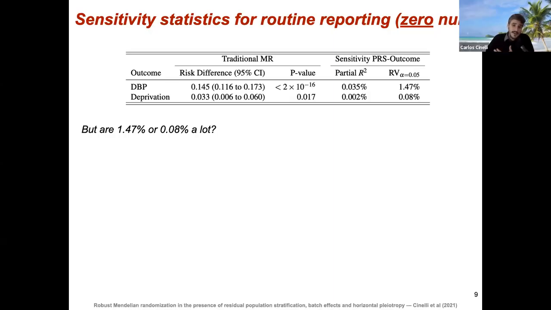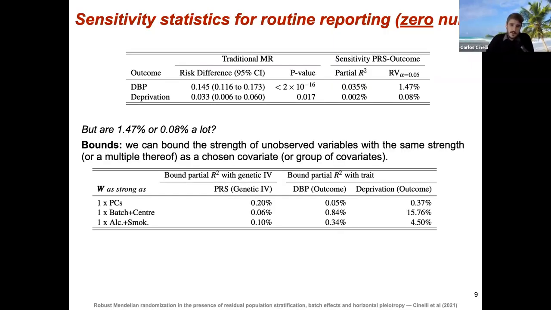So to aid experts in these judgments, what we're going to try to do is bound the strength of unobserved variables with the same strength or multiple of the strength of a group of covariates, such as principal components, observed batch effects, and observed putative pleiotropic pathways, such as alcohol and smoking. So that's what we're going to have here in this table, okay?